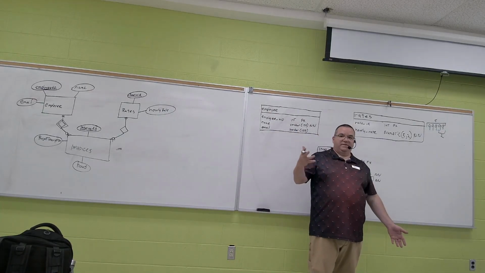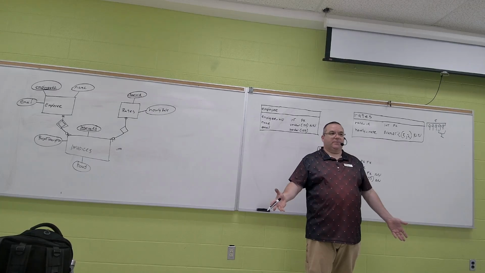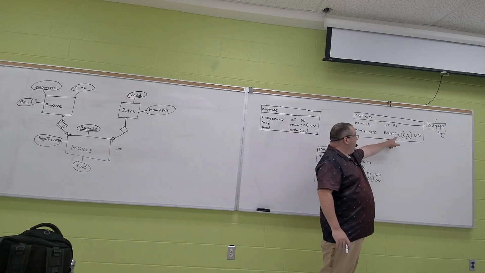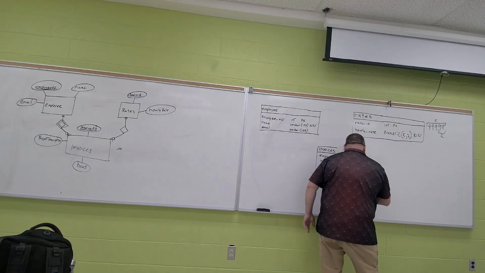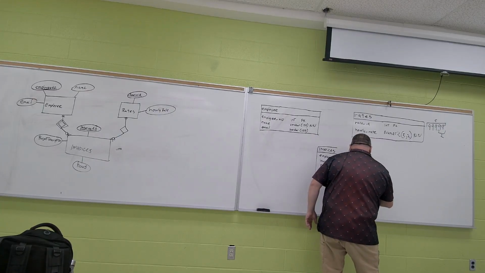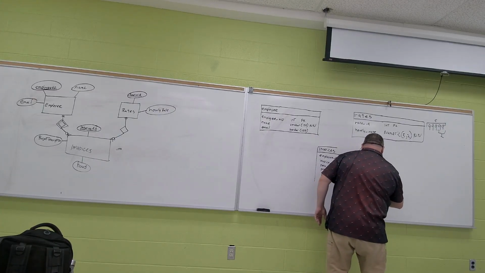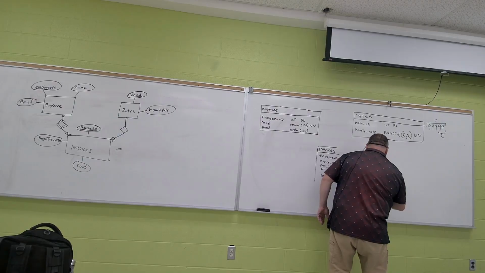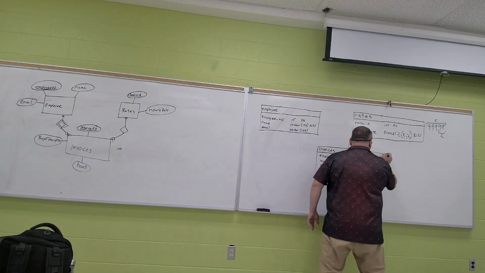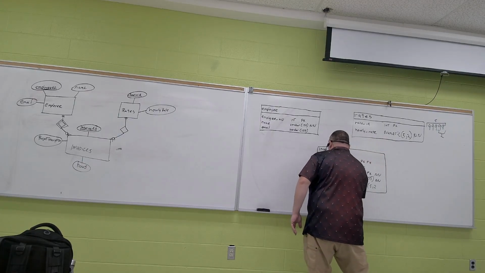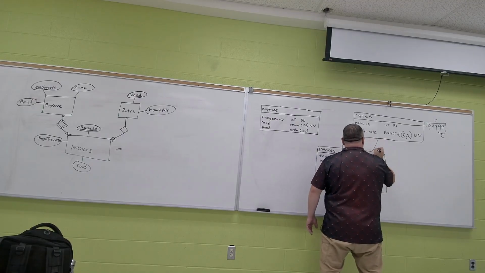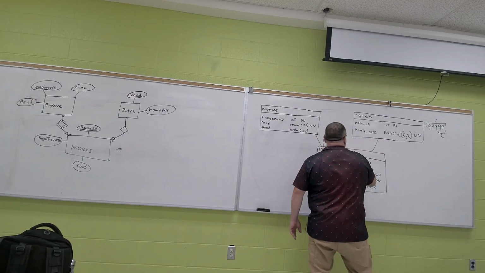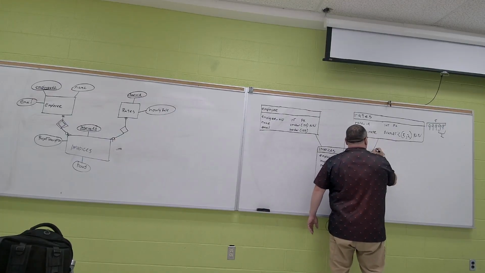So if we need 150 plus 2 decimal places for precision, we need the exact same thing as this. So we go there, like 5.2 for precision. And I'm going to draw a box on this guy because we are doing a physical diagram.